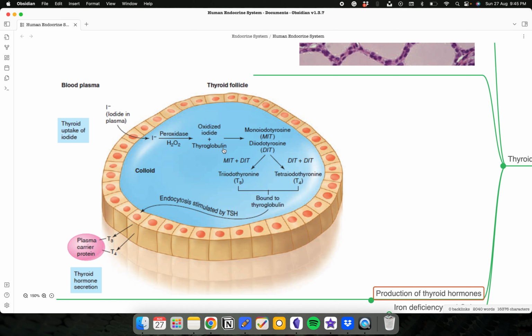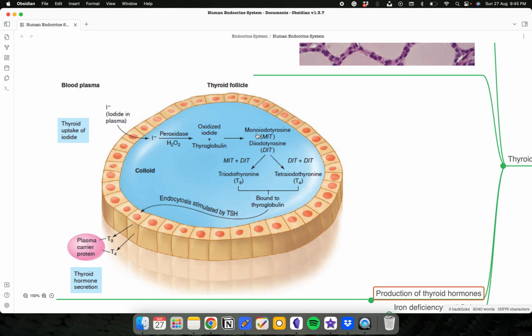Thyroglobulin is a component which is present in this colloidal substance. That oxidized iodide then interacts with the thyroglobulin, and it produces two things. One is monoiodotyrosine, another one is diiodotyrosine.